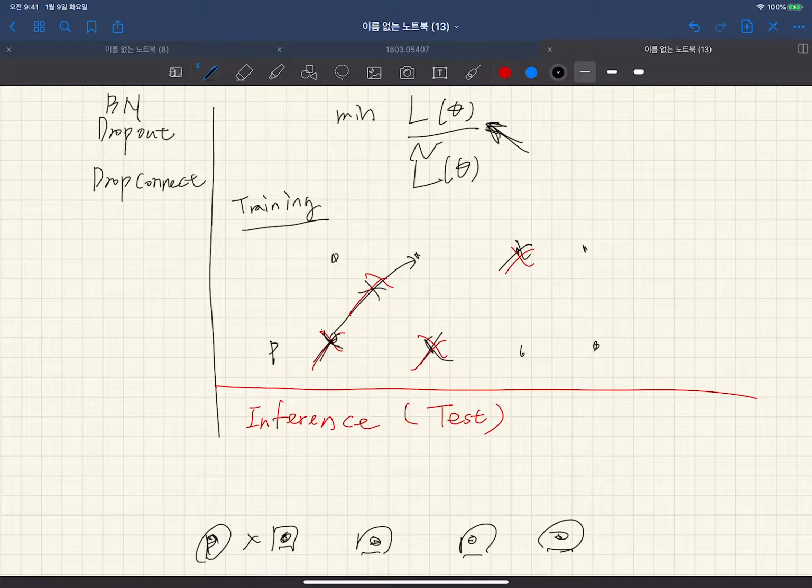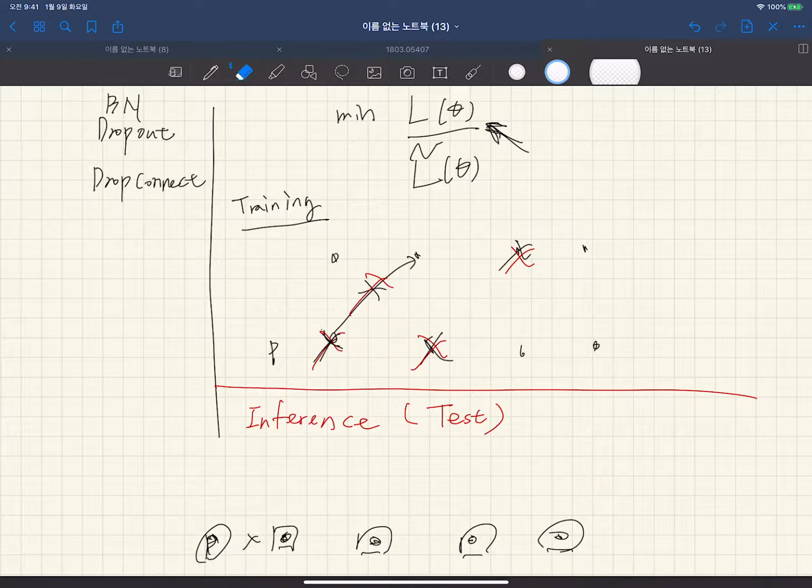So for inference, you just scale your neuron values or weights according to your erasing policy, so that the network shares the same philosophy and skills as in the training process.